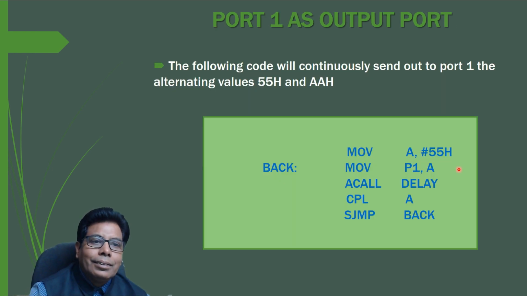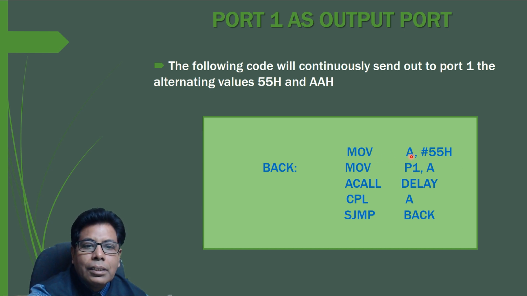Then let us see how we can program port 1 as an output port. Here we have written a code which will continuously send out to port 1 alternating values of 55H and AAH.